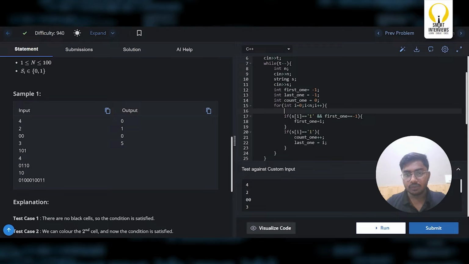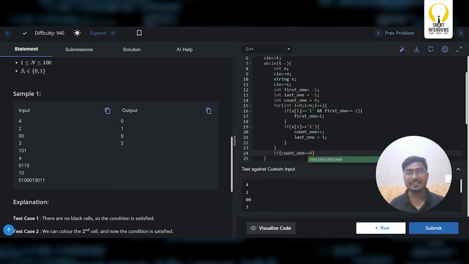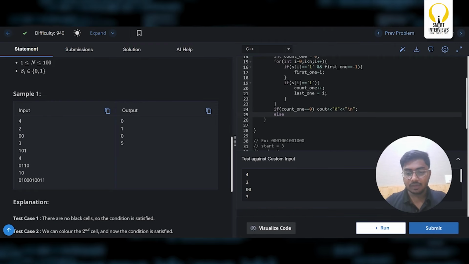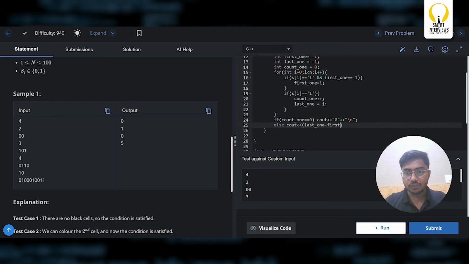At the end, what do we need to do? I need to check, is the count equal to 0? If the count of ones is equivalent to 0, if there are no ones in the canvas here, can I say our answer is going to be 0 here? If that is not the case, our answer is going to be last one minus first one plus 1, and I need to subtract the count of ones.